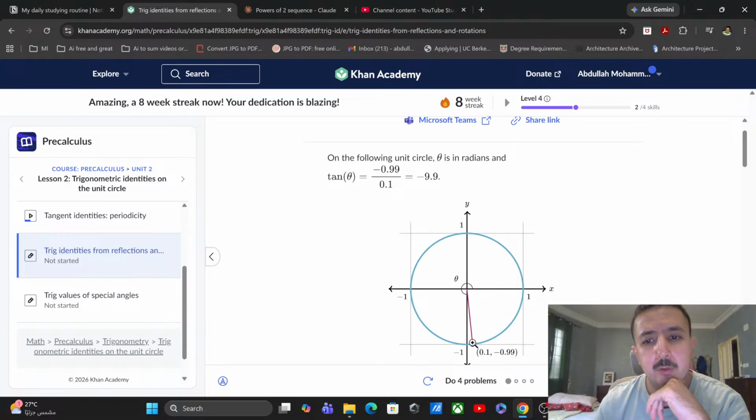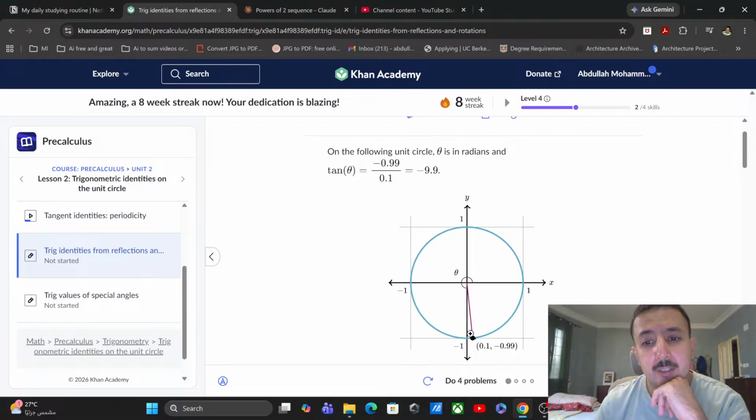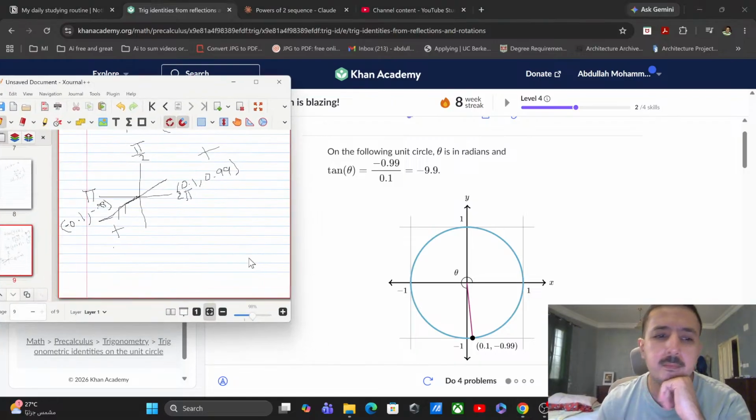If we add 2 pi, it's gonna land here again. So he's considering this to be pi plus theta, this to be theta. This has nothing to do with this being 2 pi. This is pi. Yeah.